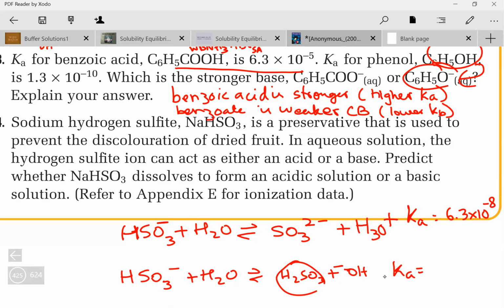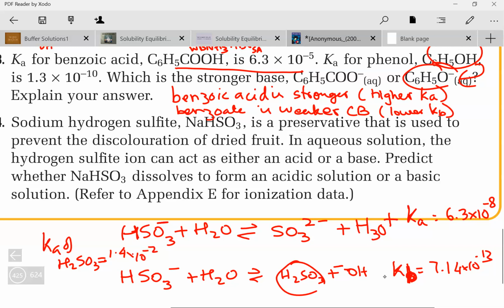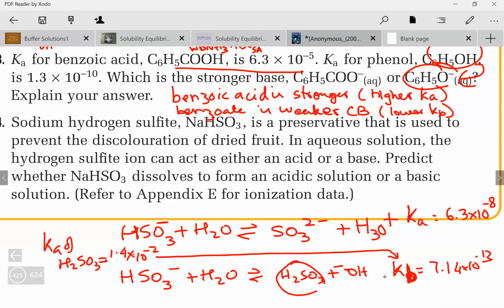So my Kb of the conjugate is 7.14 times 10 to the negative 13. This acts as a base, so I have to do Kb there. I got this value because Ka of H2SO3 was given to me as 1.4 times 10 to the power of negative 2, and using that I can do 1 times 10 to the negative 14 divided by 1.4 times 10 to the negative 2, which gives me my Kb value.